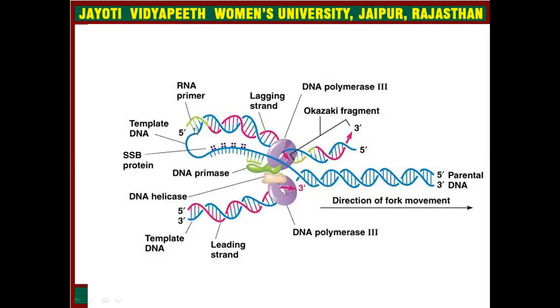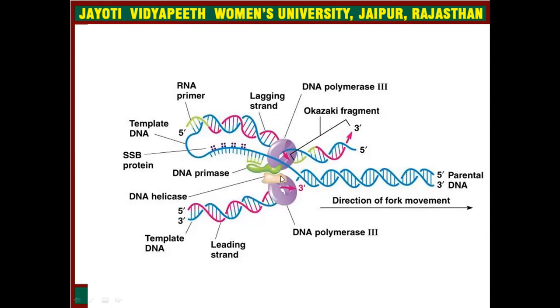This strand is known as the leading strand because it is a continuous strand, and DNA polymerase III is helping in creating the leading strand. This is the DNA helicase, which is creating single strands by cleaving the hydrogen bonds of base pairs.